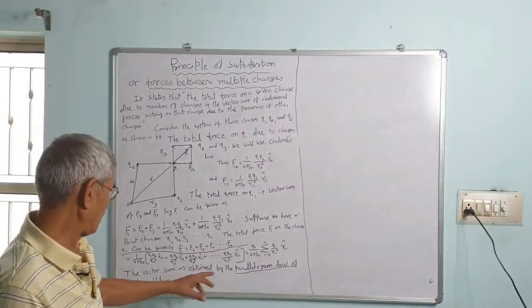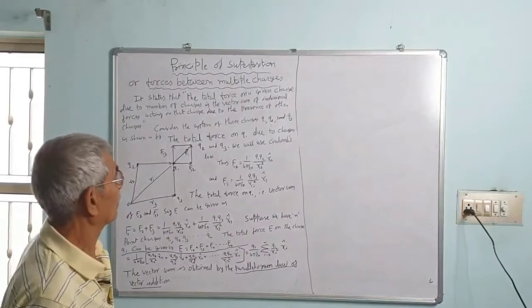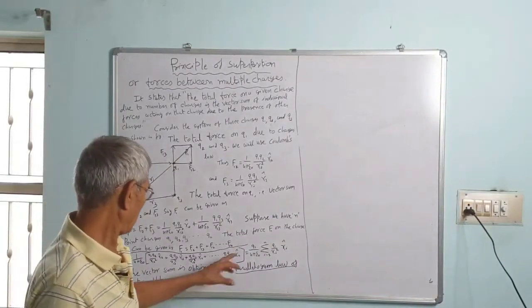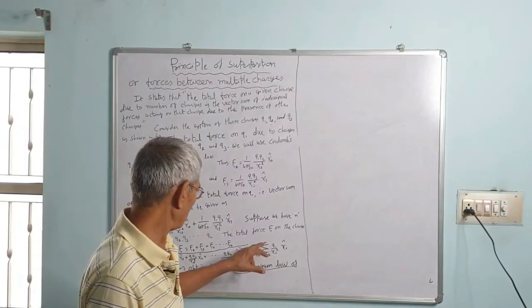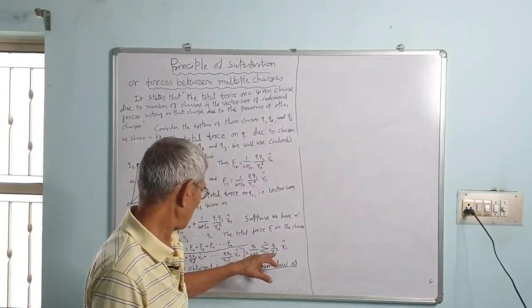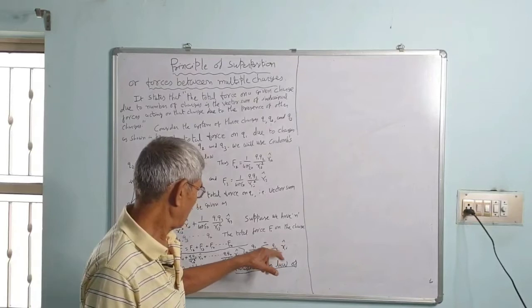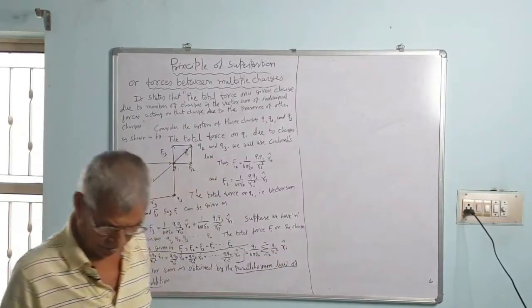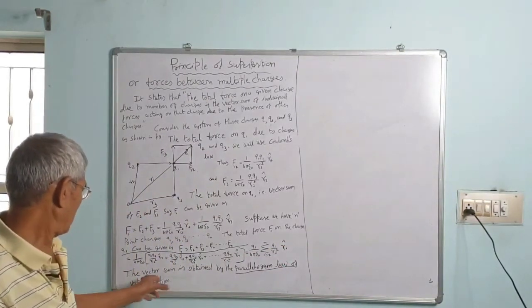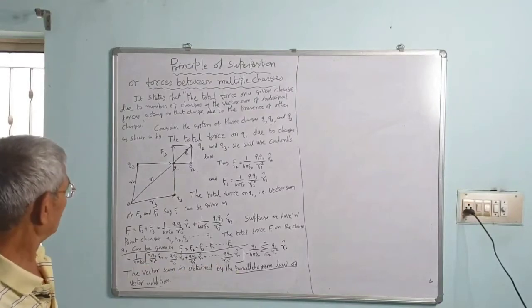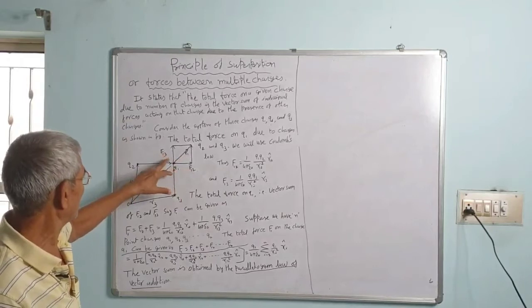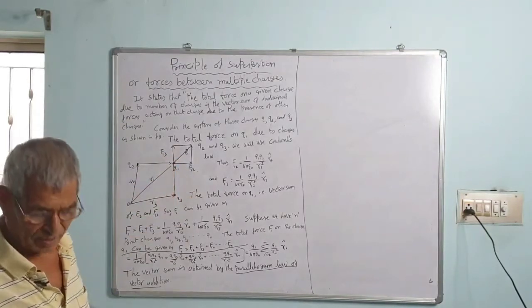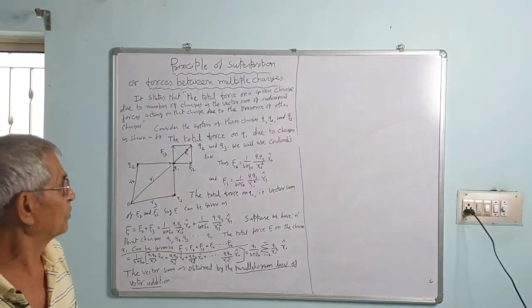The vector sum is obtained by the parallelogram law of vector addition. This is equal to Q1 upon 4 pi epsilon 0 summation i equals 2 to n of Qi upon R1i square R1i unit vector. Here you can use the law of parallelogram of vector addition. This F1 is the resultant of these two forces. Similarly, you can calculate the resultant of a number of forces.